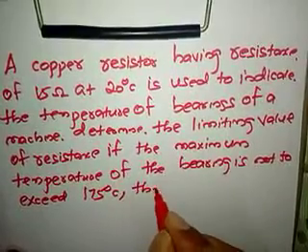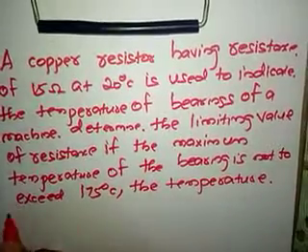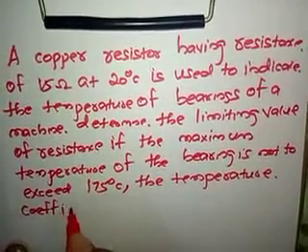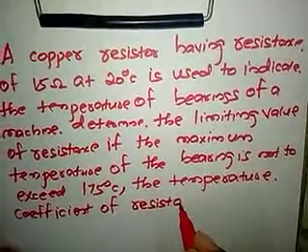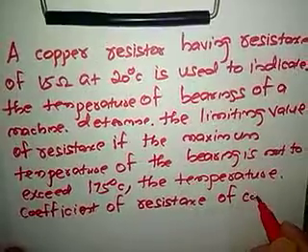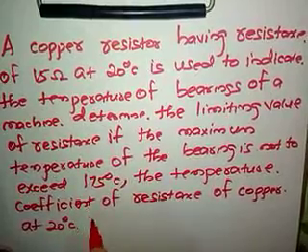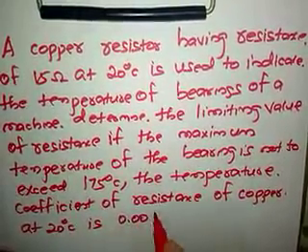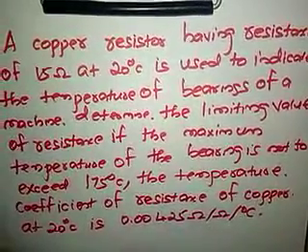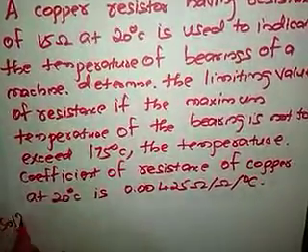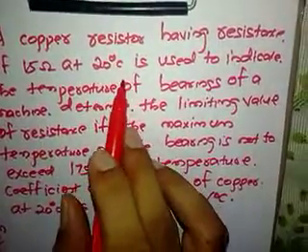The temperature coefficient of resistance of copper at 20 degrees Celsius is 0.00425 ohm per degree centigrade. Okay, so first write the given details. Read the problem first. A copper resistor having resistance of 15 ohm at 20 degrees Celsius.